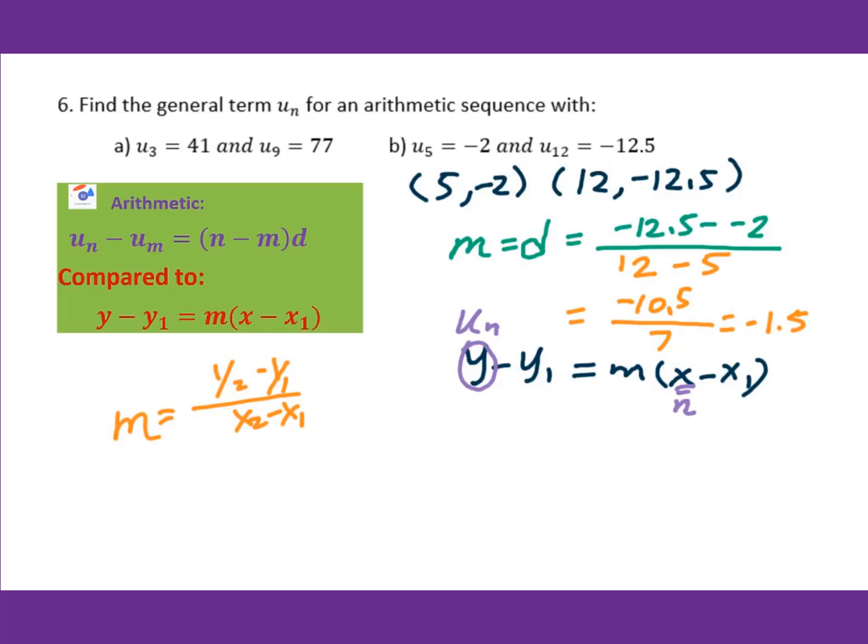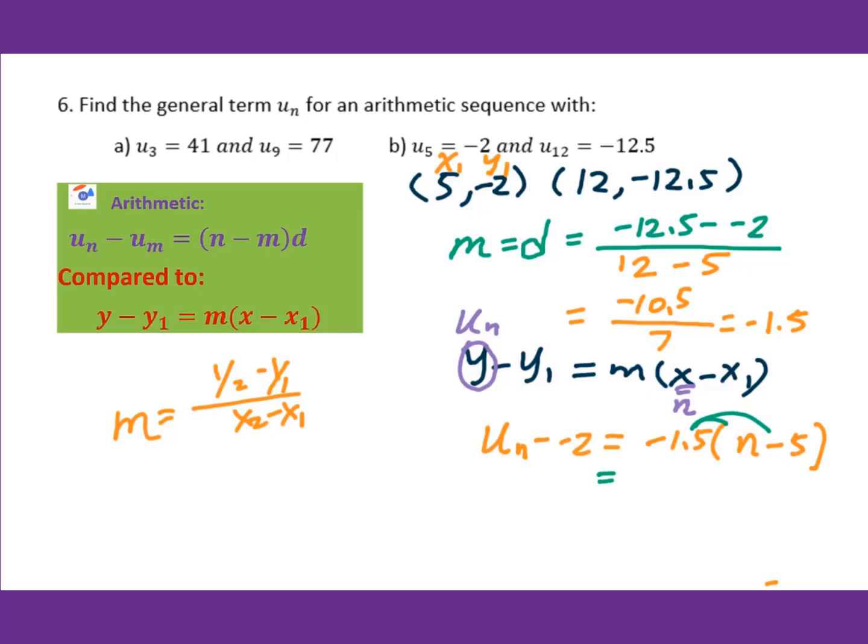Therefore, we plug in, we get u sub n minus negative 2 because we label this as x1, y1, equals slope, that is negative 1.5, times n minus 5. Then we do the distributive property here.